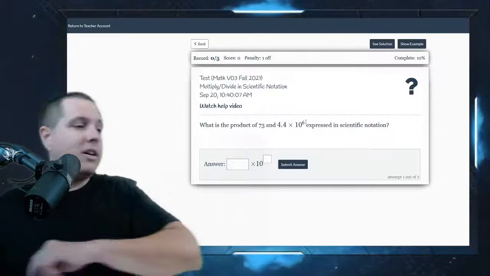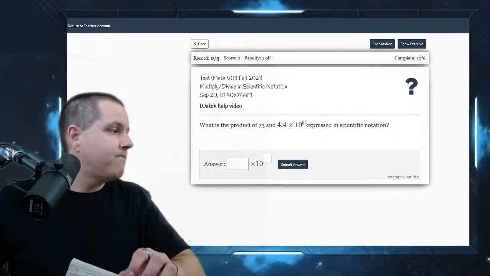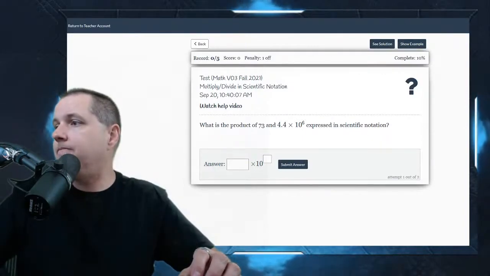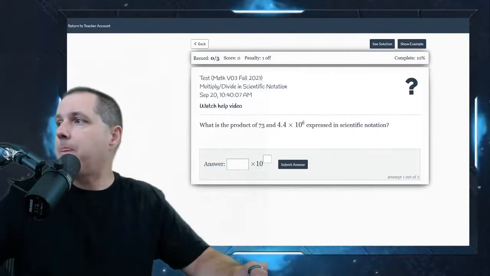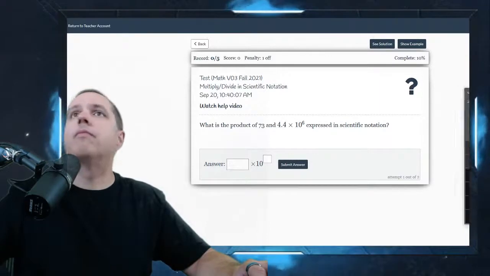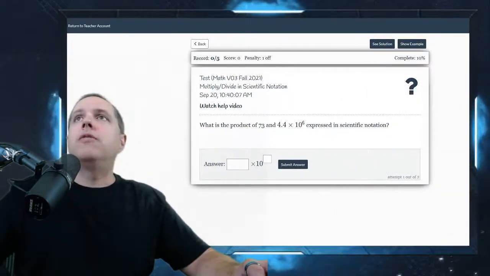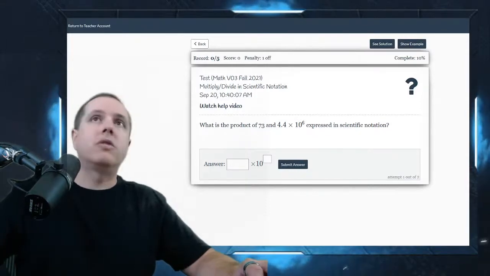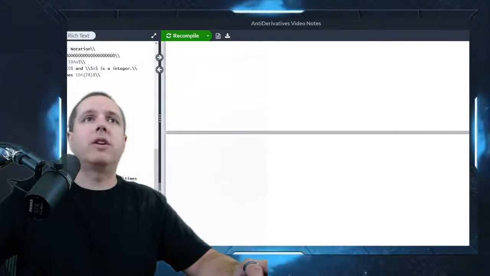So let's do that. I don't have my calculator with me. Let me see, I think there should be one on here. Let's do it here so I can show more steps.